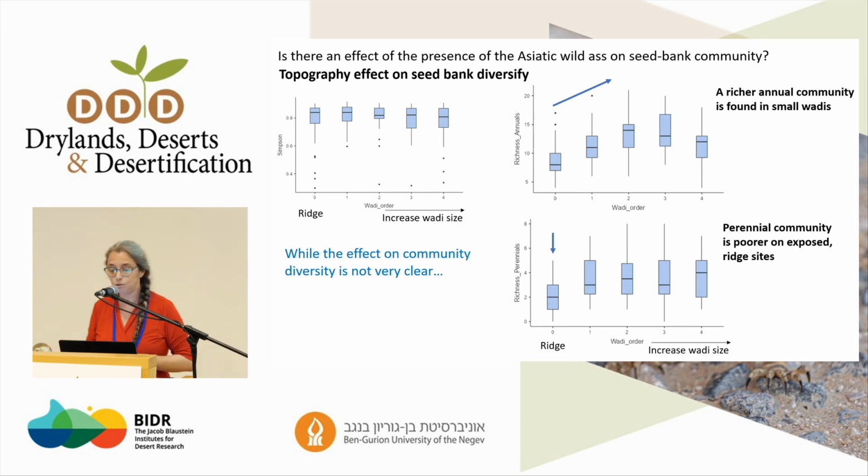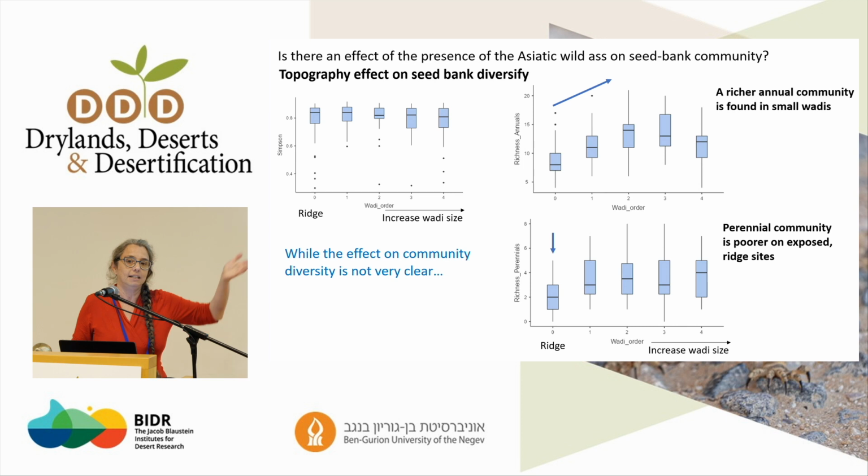This is in comparison to what you see in relation to the diversity of perennials, where you mainly see fewer perennials on the top of the ridge. This is where there is more erosion, it's a more exposed area, so when you're looking with your eyes, you see that there are fewer perennials there. Okay, so this is quite trivial, but it gives us some reassurance that our analysis was correct.